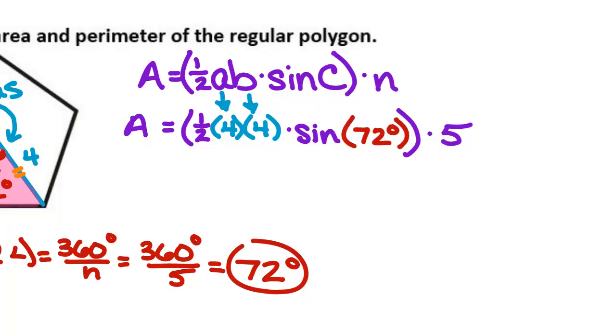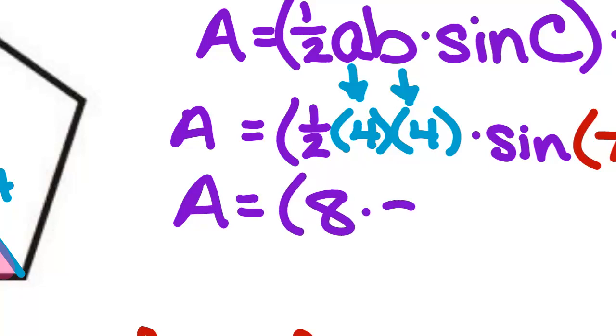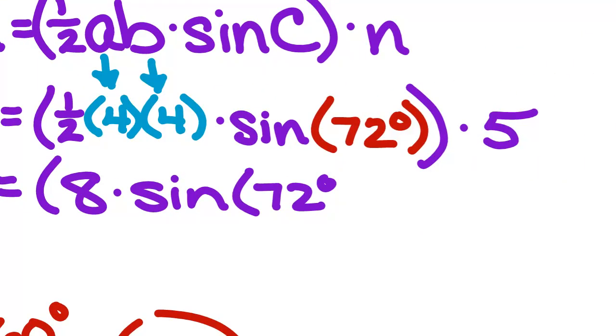This 1/2 times 4 times 4. What is half of 4? 2. What is 2 times 4? 8. So this would be the same thing as 8 times the sine of 72 degrees times 5.